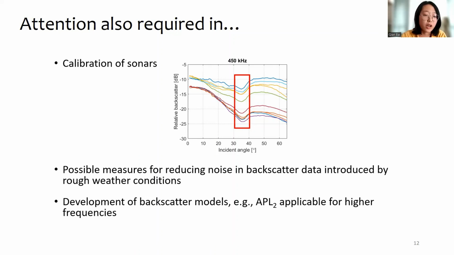For now we have APL working for frequencies up to 100 kilohertz, but usage at higher frequencies is not really confirmed. So if there is more development of this kind of model for higher frequencies, for example 300 and 450 kilohertz, that would also be very nice.